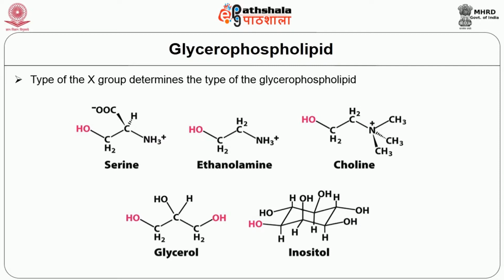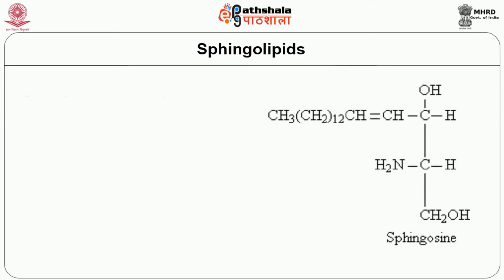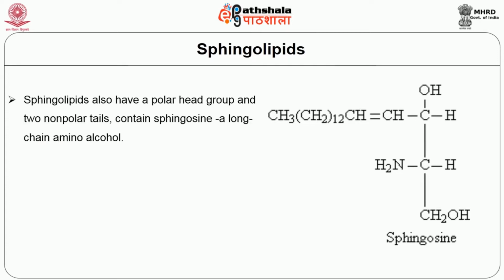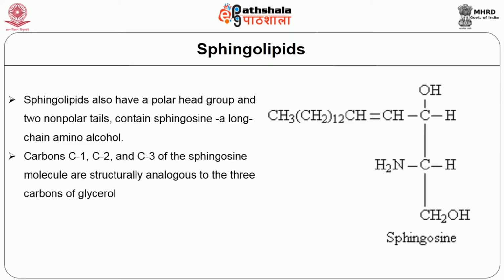The next important group of lipids is the sphingolipids. Sphingolipids also have a polar head group and two non-polar tails, and contain sphingosine, a long chain amino alcohol. The carbons C1, C2 and C3 of sphingosine are structurally analogous to the three carbons of glycerol.